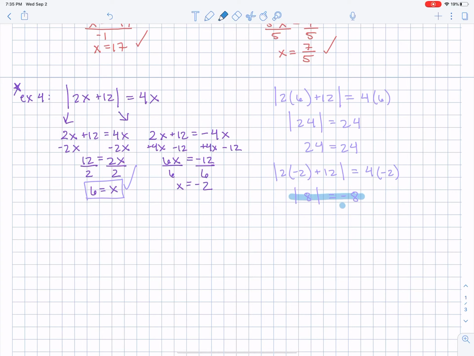Absolute value can never, ever equal a negative value. So this answer right here does not work. It's what we call extraneous. It's an extraneous answer. So definitely be careful and check your work. This one only has one solution, not two, like those other absolute value problems that we've been working with.